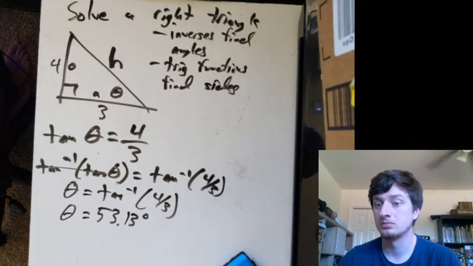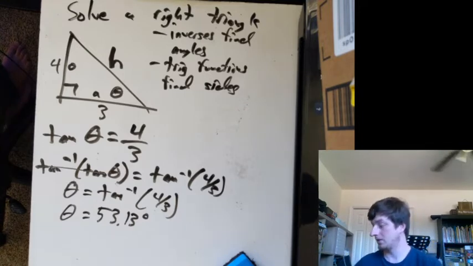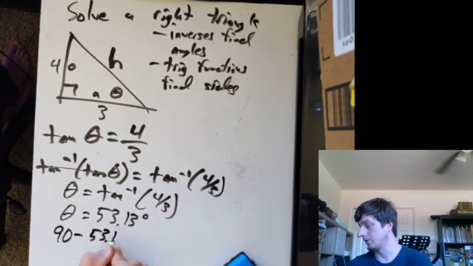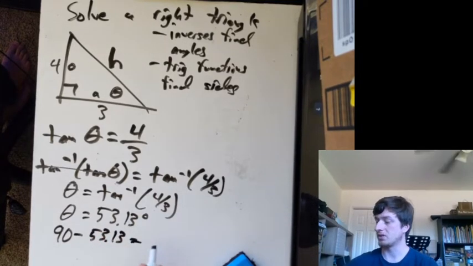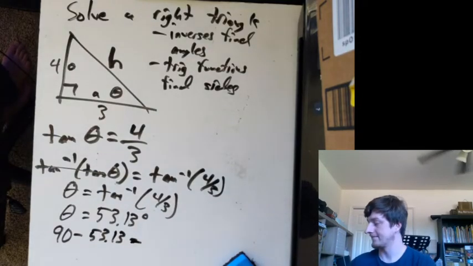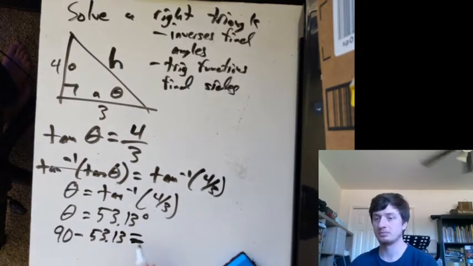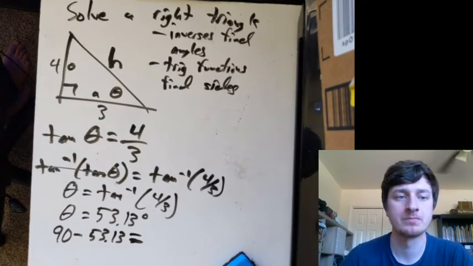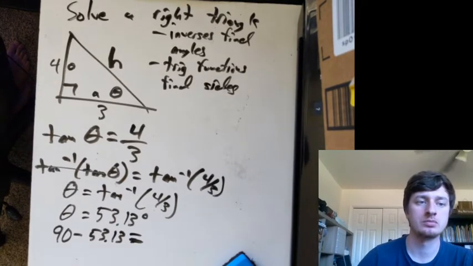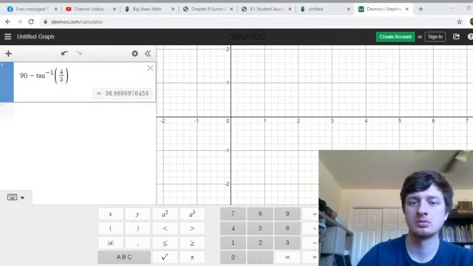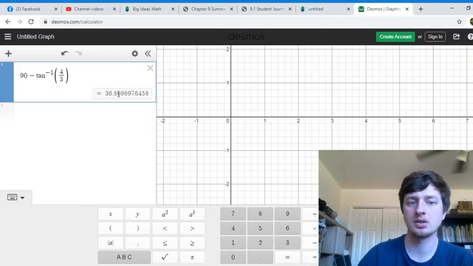That's the angle. Now to find the other angle, we would do 90 minus 53.13. Because that's going to give us this angle up here. So we could do just 90 minus that thing in Desmos, and that gives us the degrees.